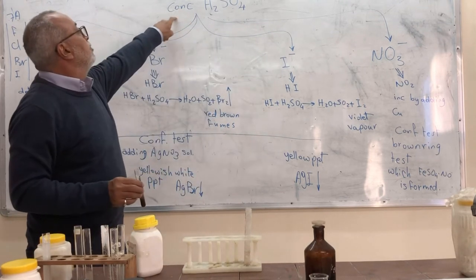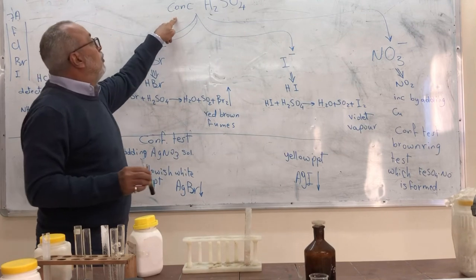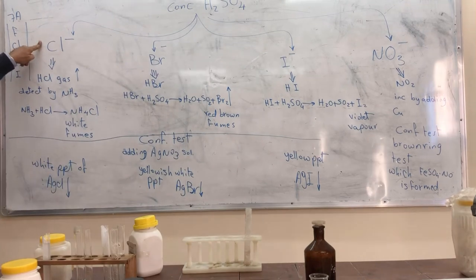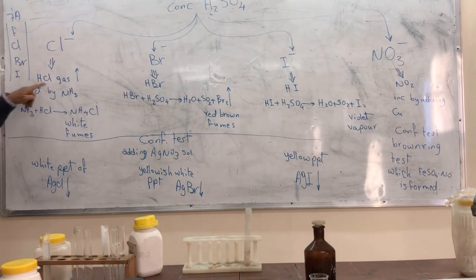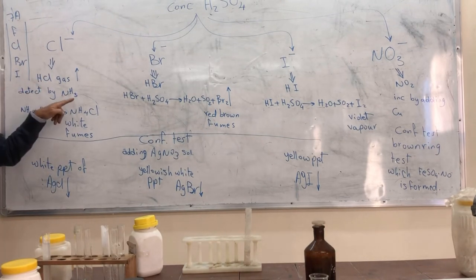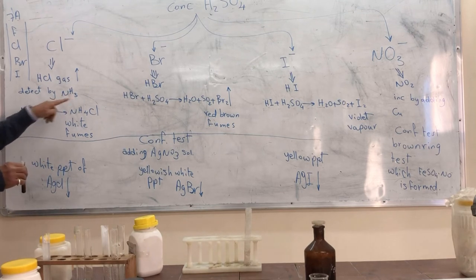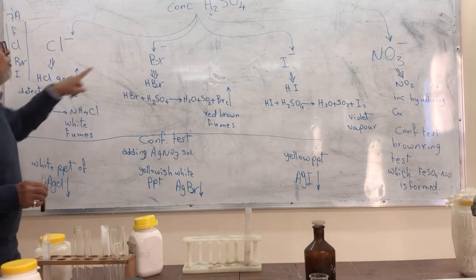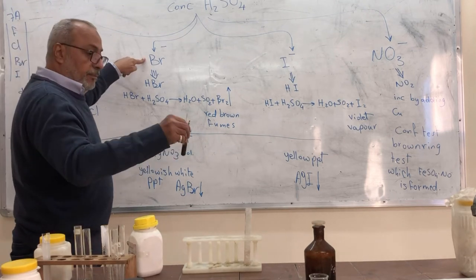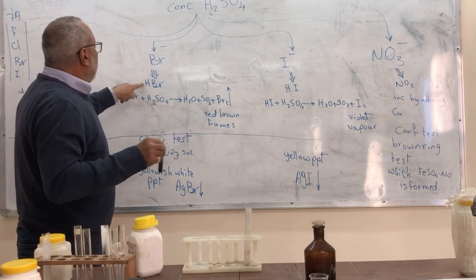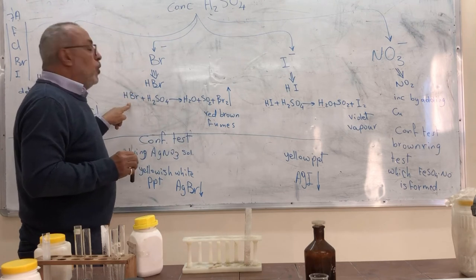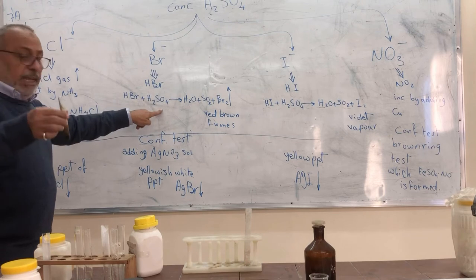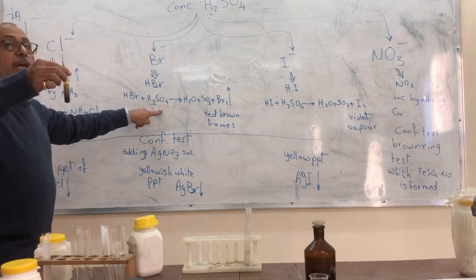By adding conc H2SO4 as the main experiment for this group, chloride will produce HCl. We can detect HCl using ammonia; it forms white fumes of ammonium chloride. Bromide produces HBr.